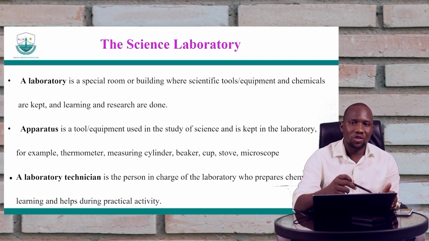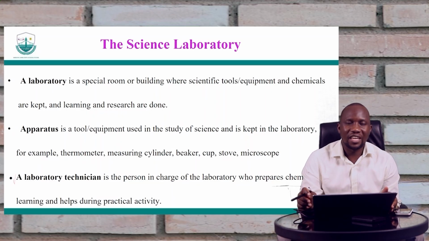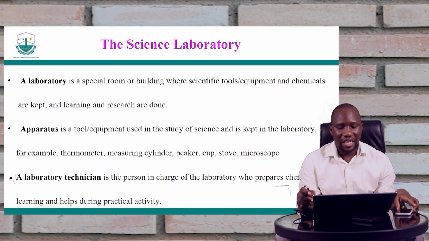So the laboratory apparatus are the equipment or the tools that we basically use in the laboratory. And then you'll also find a person who is in charge of the laboratory, and that person is the laboratory technician.